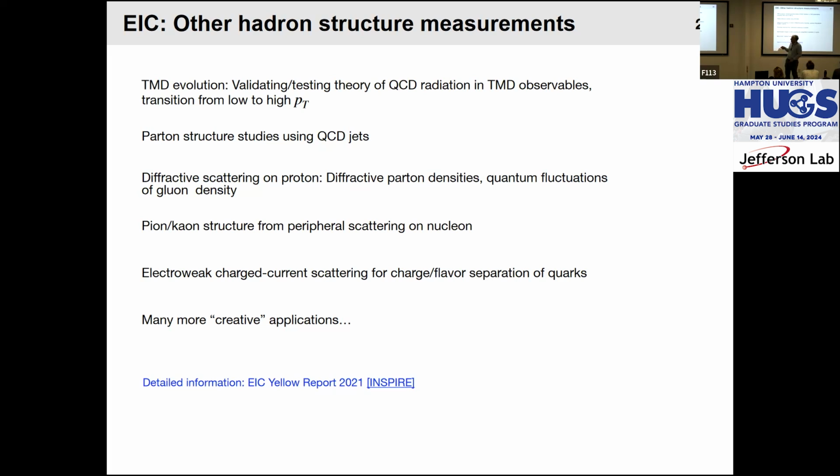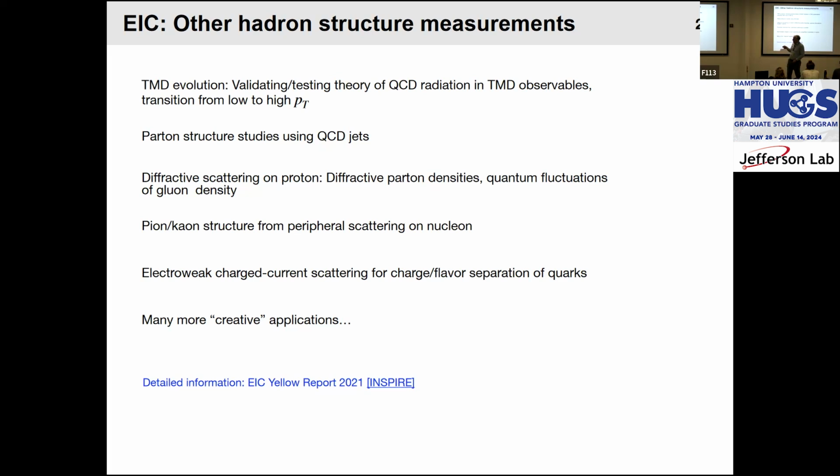There will be studies of TMD evolution aimed at validating or testing the theory of QCD radiation in transverse momentum dependent observables, the transition from low to high PT. There's also a line of investigations using jets, QCD jets, as a probe of partonic structure, which is an extension of the semi-inclusive measurements presented here.